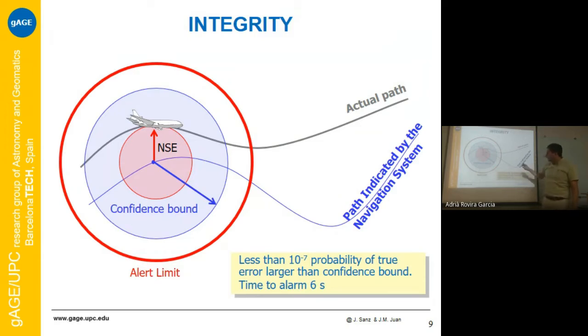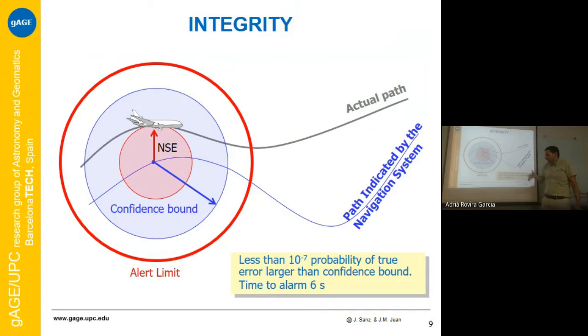Okay, and here we have another requirement. We will see numerical requirements here and there. For example, the probability that the navigation system error, which is what NSE means, is out of the protection circle is 10 to the minus 7.